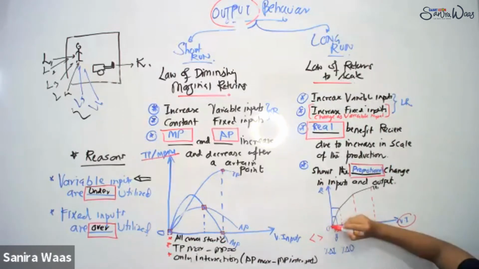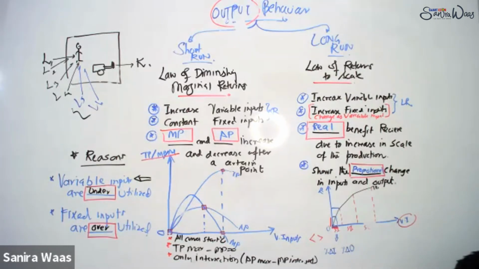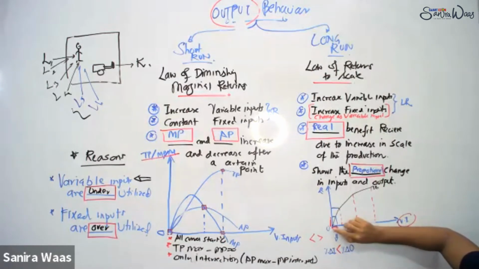Look at the outputs. Ideally the mark needs to come like this. If you don't understand this, tell me and I'll re-explain. Look, the input you have included is this amount.